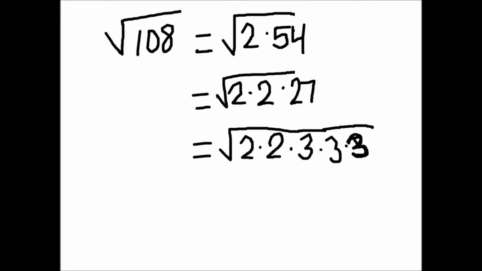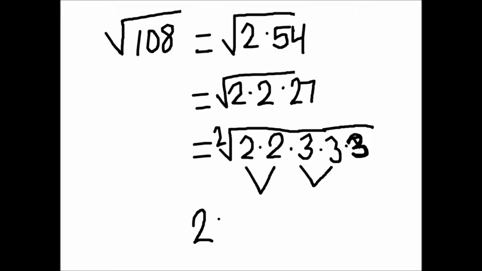So with just a square root, we know that there is a technical 2 here. We don't write it, but that's what's there. And it tells us that for each set of 2, we can bring 1 out. So in this case, we would have a 2 come to the outside, and we also see that we have a set, we have 2 3s as well.